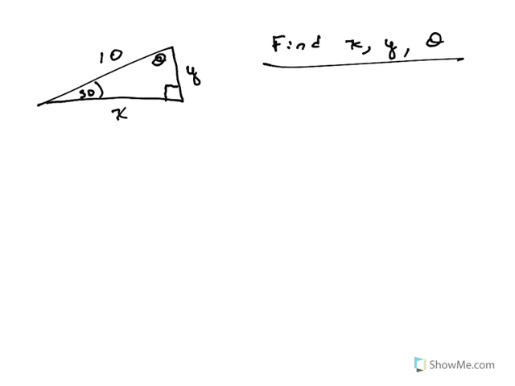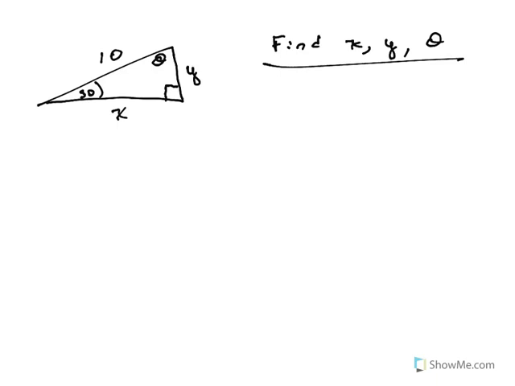All right, so here's my triangle. I want to find these 3 pieces of information. So very similar. We know what tools we have to use. Now we just want to figure out which ones we should use. First thing I can ask myself is, can I use the Pythagorean Theorem?